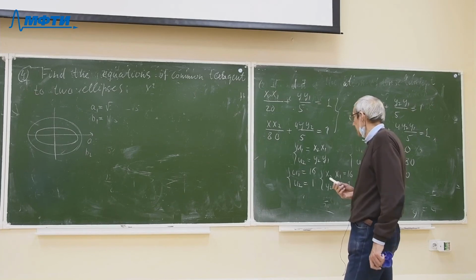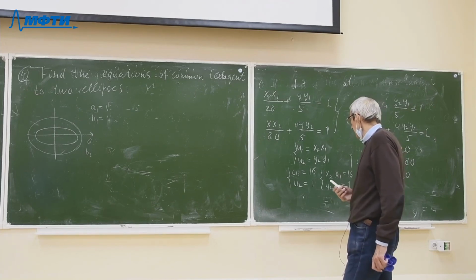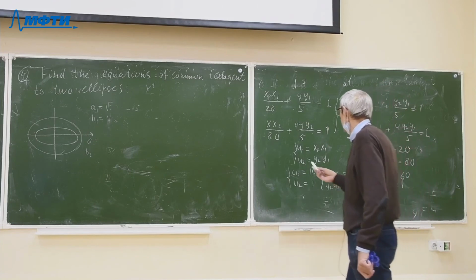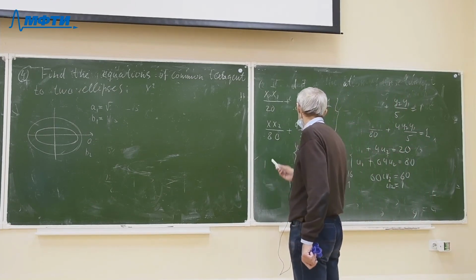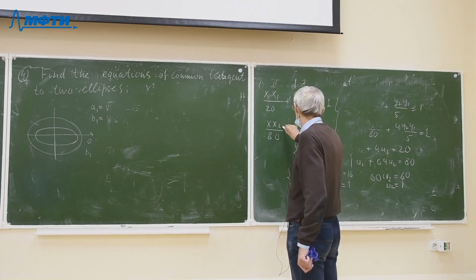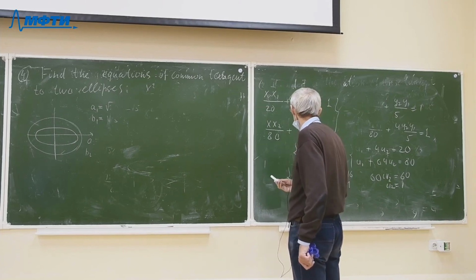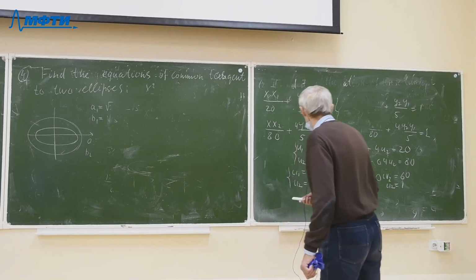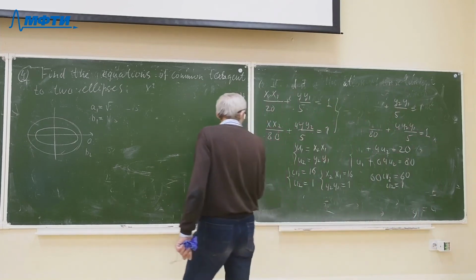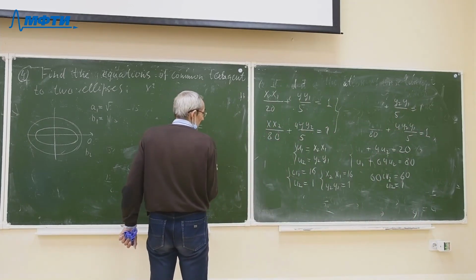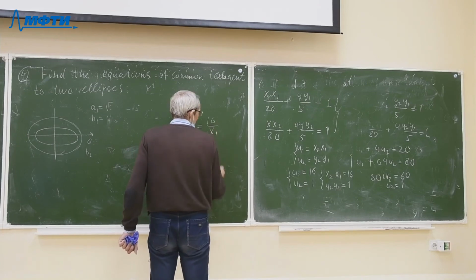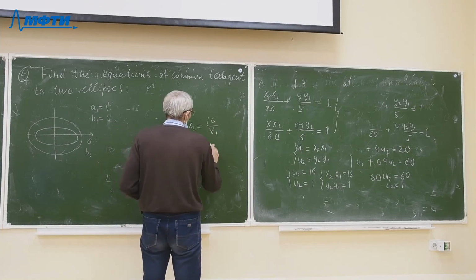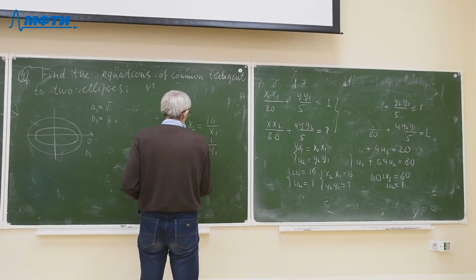First, in my opinion the simpler way, use this equation in this form. We can substitute the second relation: we have the following equalities: x2 is equal to 16 divided by x1, and y2 is equal to 1 divided by y1.